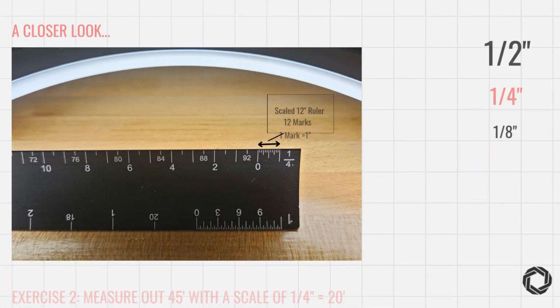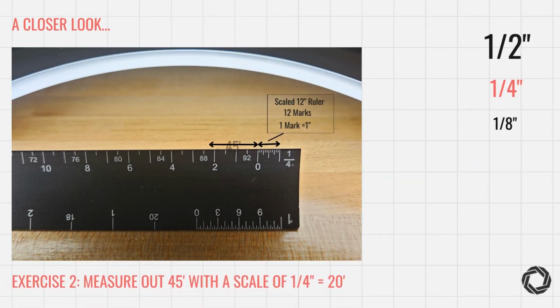Now that you have had time to think, let's go ahead and think about how we found this distance. If we used our scaled ruler on the side, we notice that between the 0 and 1/4 are 12 marks, so each one mark equals 1 inch. So if we go and find 45 on the 1/4 inch scale, it would actually go past the 2 mark and halfway between the 2 and 3rd mark on the actual scale.